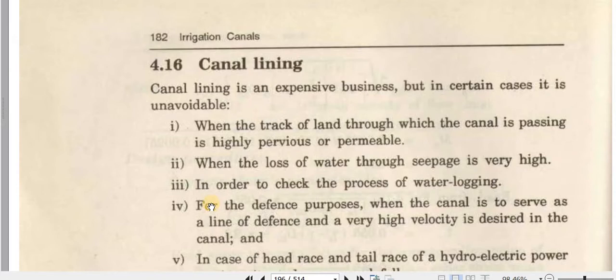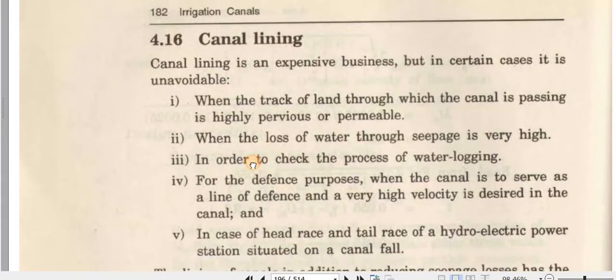Next step is canal lining. This canal lining topic will be an assignment for all the students, but I will show a little bit here.